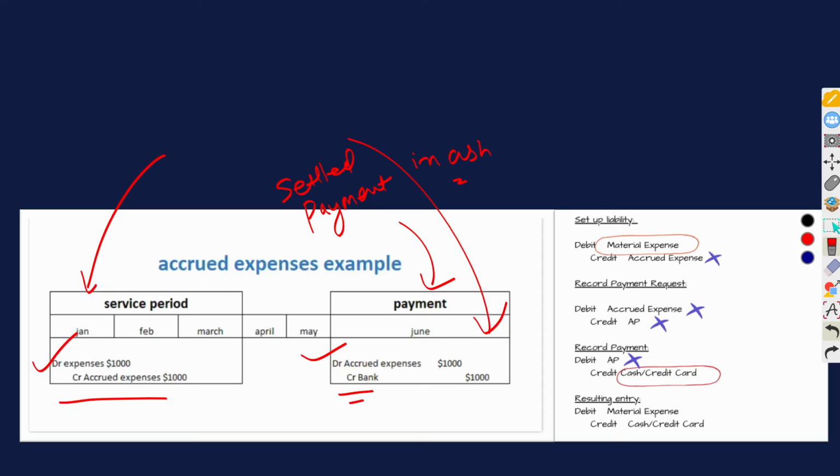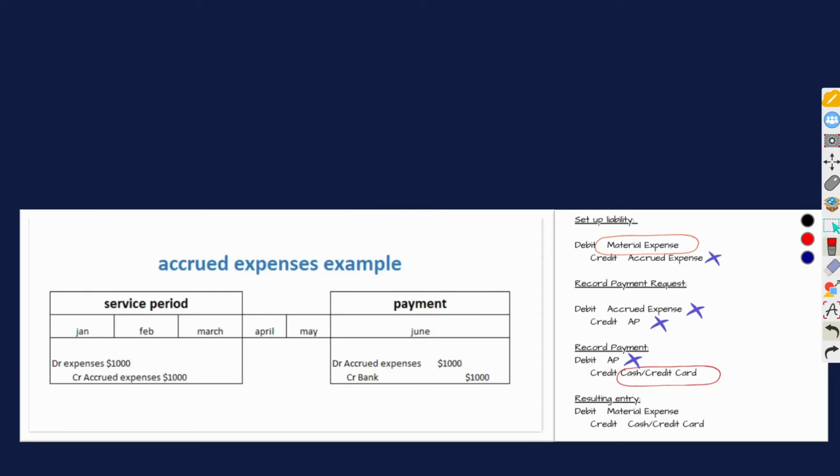So this is how we prepare accounting entries and record them in the books of account. The same in normal business: debit expenses, credit accrued expenses, debit accrued expenses to credit payable if you want to convert it into payable, and then payable to cash when you actually process payment to the counterparts.